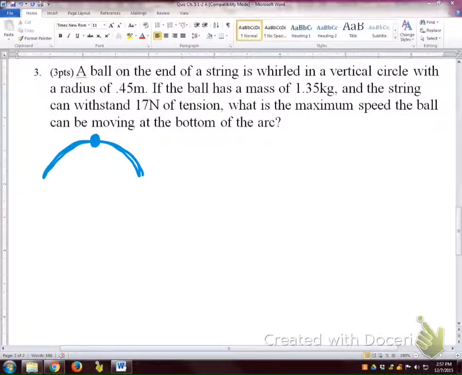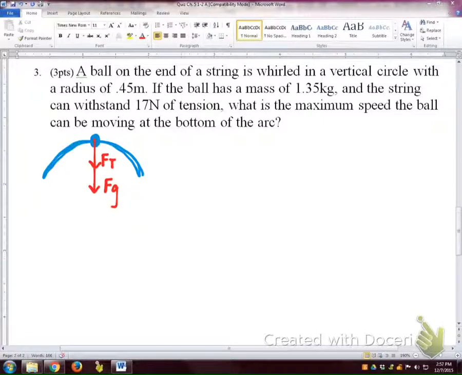The way this changes is that our free body diagram changes. Our tension force is pointing toward the center of the circle, because our string is swirling from the center. Our gravitational force is also pointing toward the center, because it's still pulling in the downward direction.